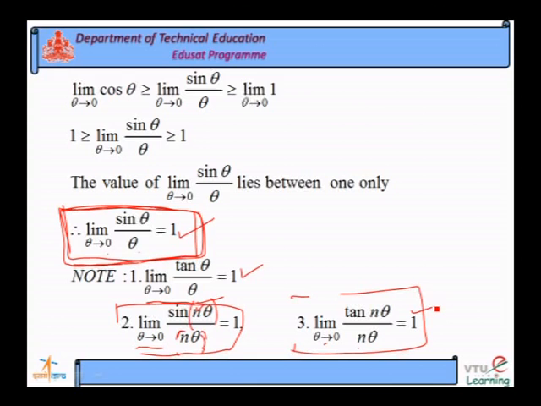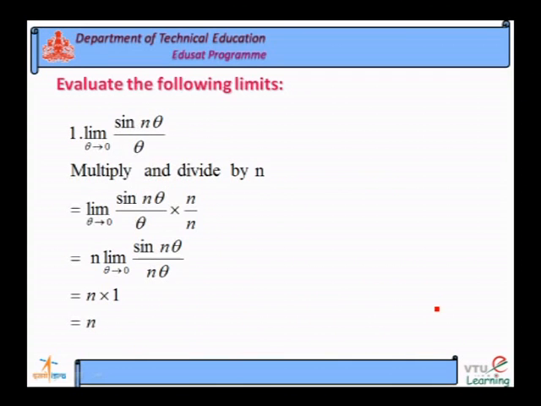Based on this trigonometric limit, let us discuss a few problems. Take the problem sin n theta divided by theta, limit theta tends to 0. So, what is the standard limit?